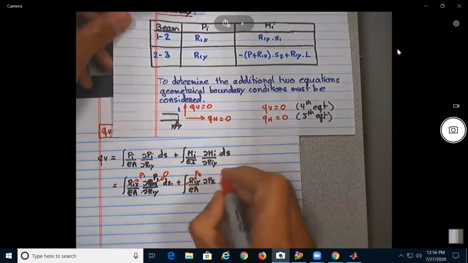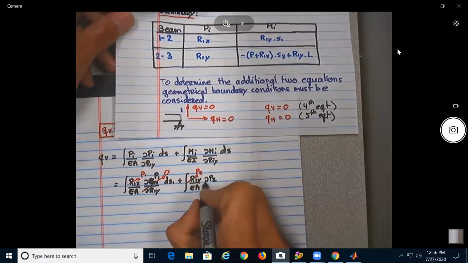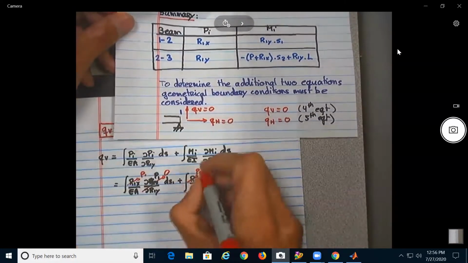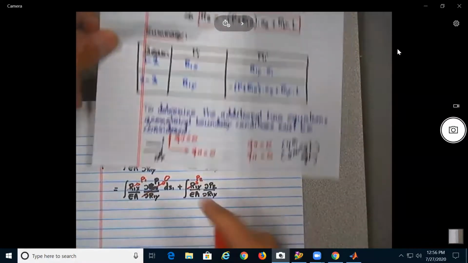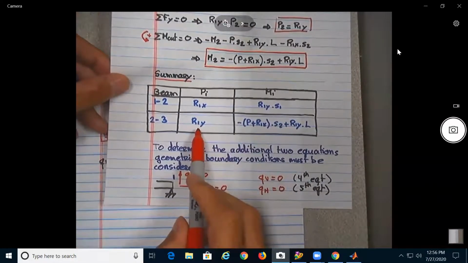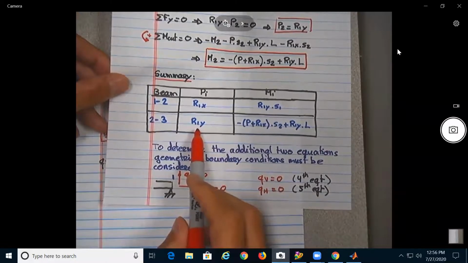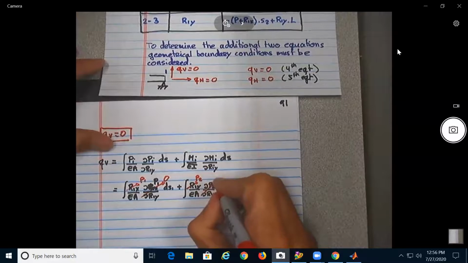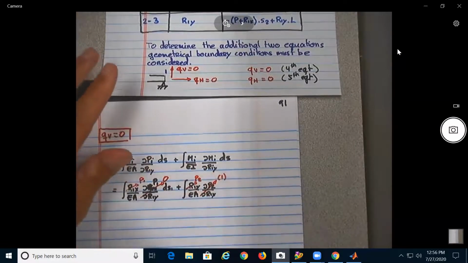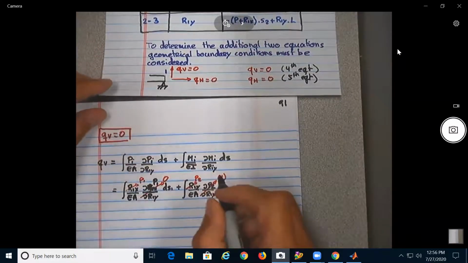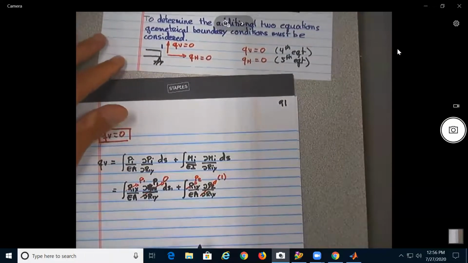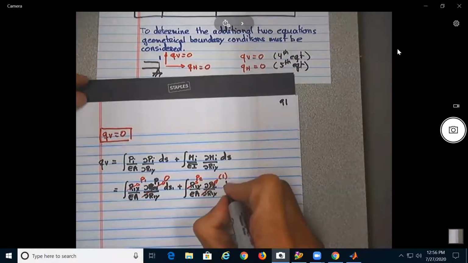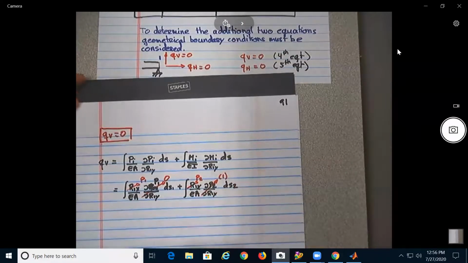This is R1x, and we derive this with respect to R1y. What is P2? P2 is equal to R1y, no? So then what should be the derivative of this term? Should be 1. And this will be ds2.